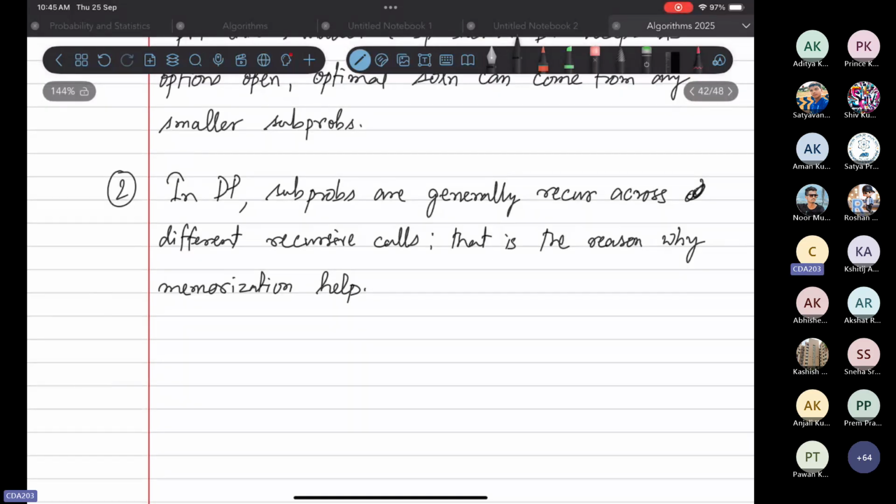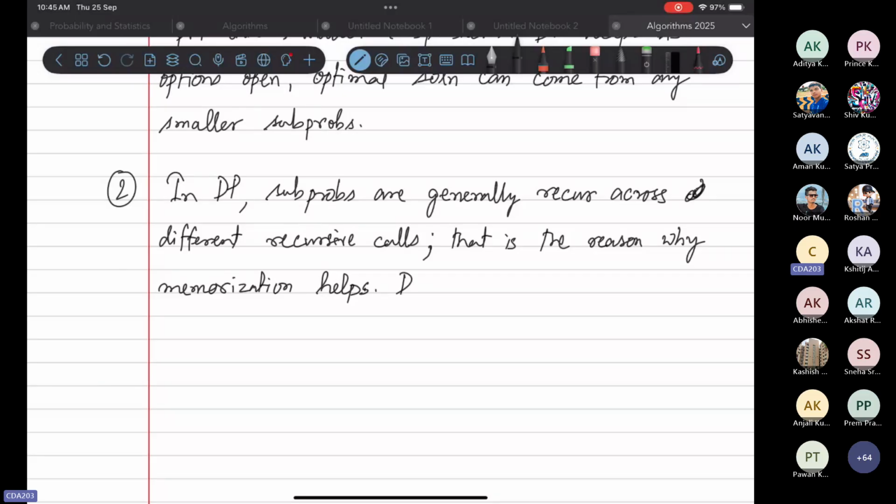We are solving different subproblems, and a subproblem may be required many times, but we solve it only once and store the value in a memoization table. That's the reason memoization helps.